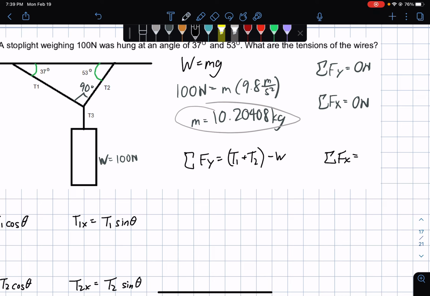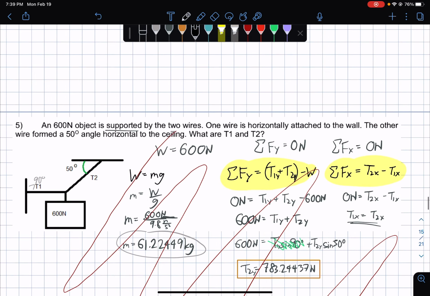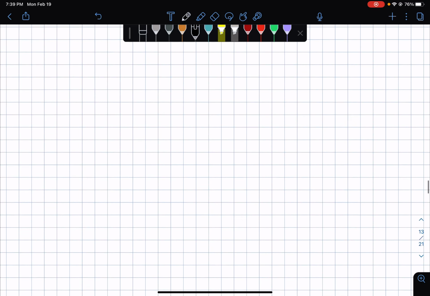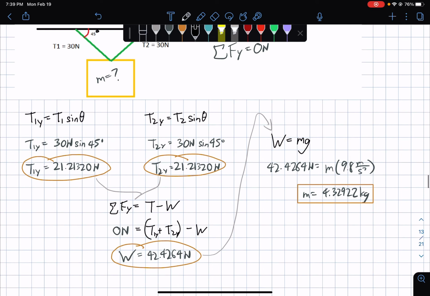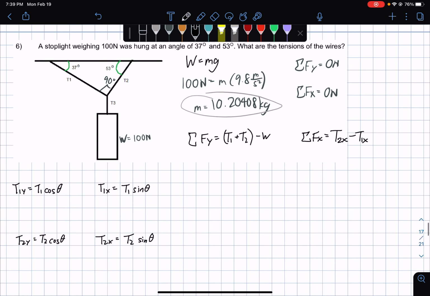And we're back to the usual formulas that we used in this problem, this and this. So 0 newtons is equal to T1y plus T2y.